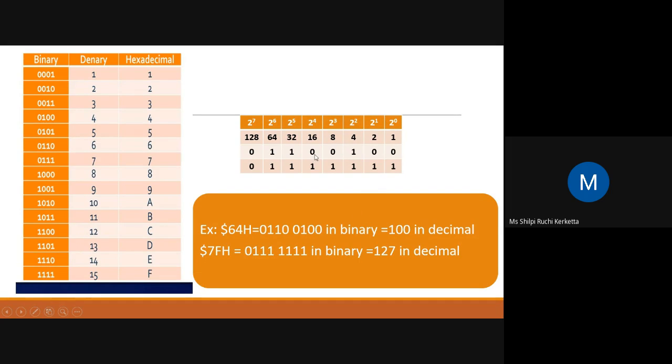So first we will write our binary number, and we will write 2 to the power 0, 2 to the power 1, 2 to the power 2, 2 to the power 3, 2 to the power 4, like this till the end. Whatever the end is coming, till there we will write. Okay. Then, how we have done earlier, we will write the value of 2 to the power 0. So 2 to the power 0 is 1, 2, 4, 8, 16, 32, 64, and 128. Okay.